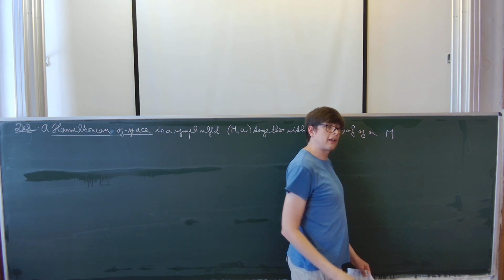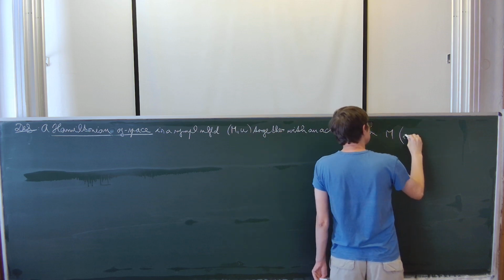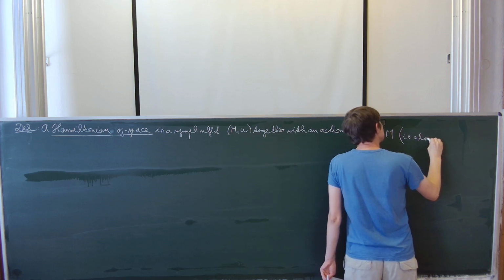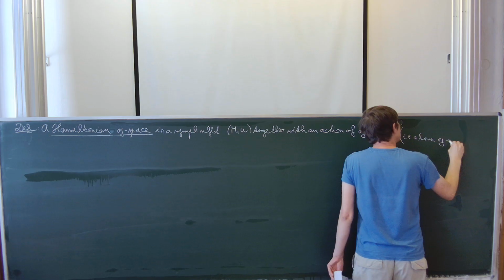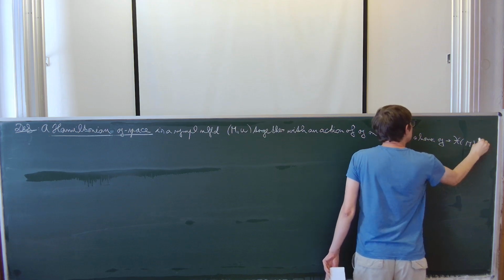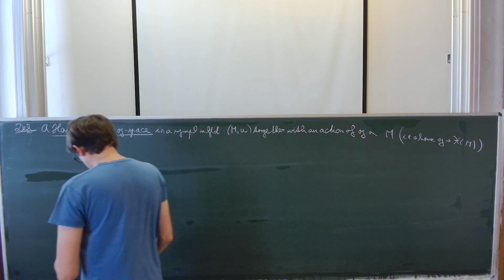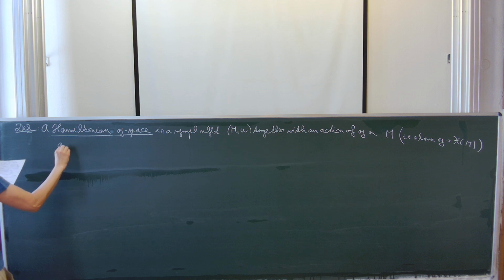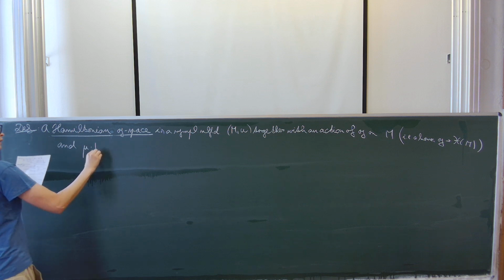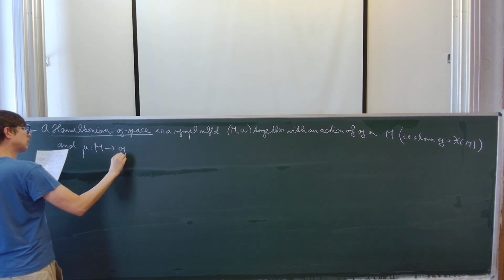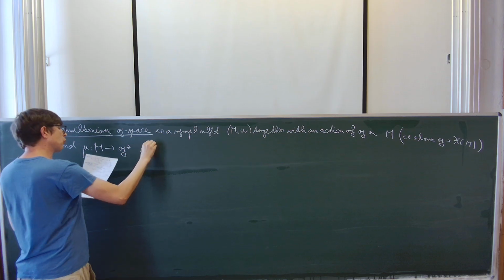What does it mean that the algebra acts on M? There is a homomorphism from g into vector fields. And we want to have a moment map, with two conditions.